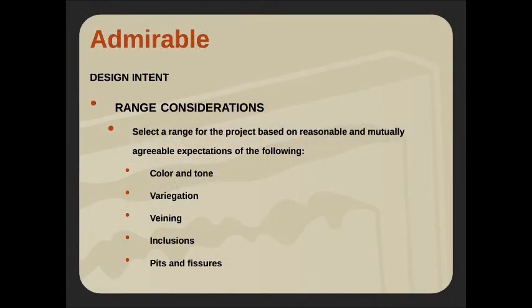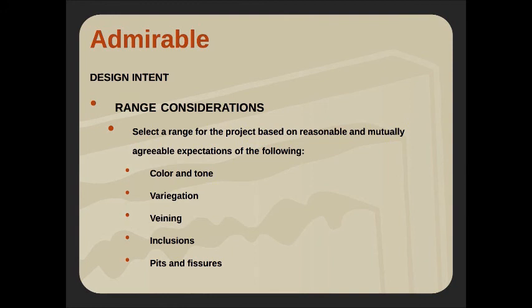Also, in making it an admirable selection and project, we need to consider the range of the material. When we're talking about range, we're talking about the color and tone of the material. We're talking about variegation in the veining and in the different qualities and characteristics of the material. We might have a quartz vein, a dry vein, a mud vein running through the material.